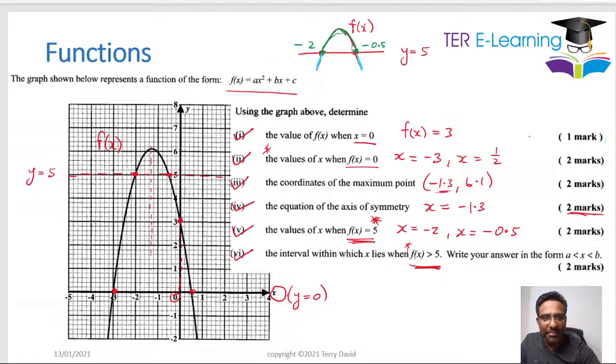So only the green part is telling me that my curve is above my line y is equal to 5. Now, this is how you're writing your answer for the last part. You're going to say x has to be greater than minus 2 and it has to be less than minus 0.5. That's how you're going to write your answer. Look, they told you they want you to write the answer like this, right?